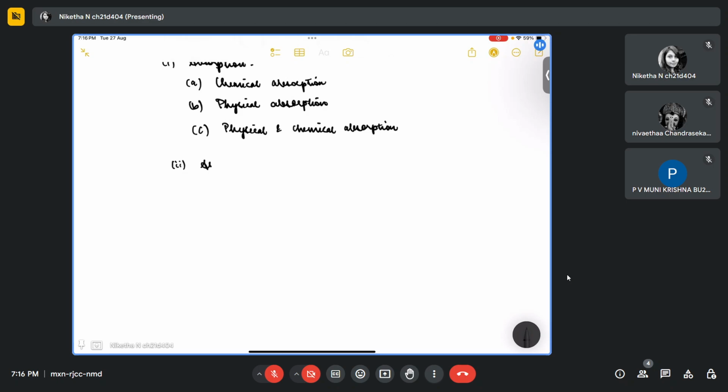And for adsorption, there are many methods. For example, using silica gel or activated carbon, molecular sieve, activated alumina, etc.